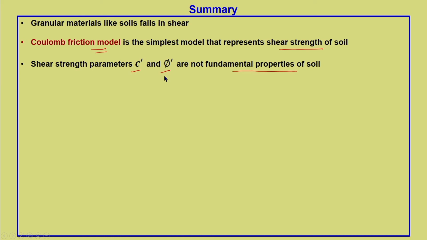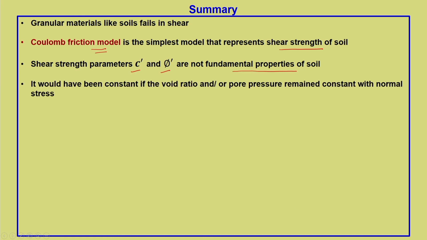So, for the time being, let us understand that C dash and phi dash are not fundamental properties of soil. It could have been a fundamental property if the void ratio and or pore pressure remained constant with normal stress. Now, this is a difficult proposition to make in soils.